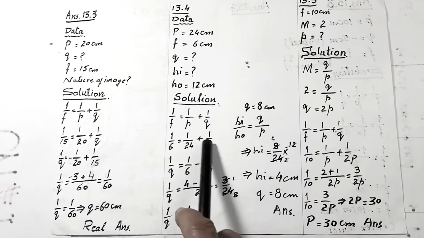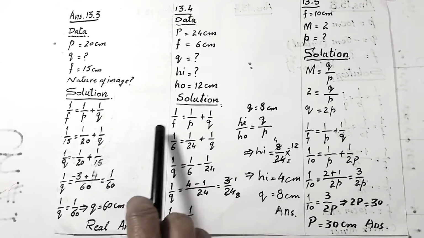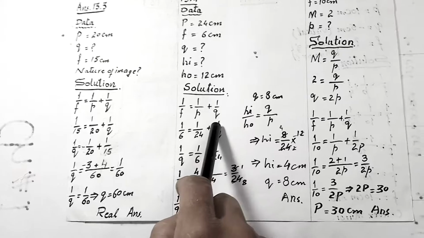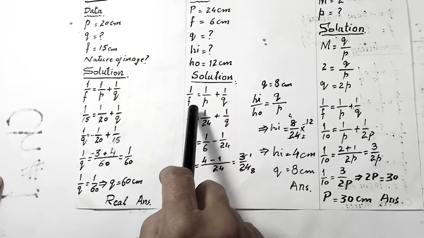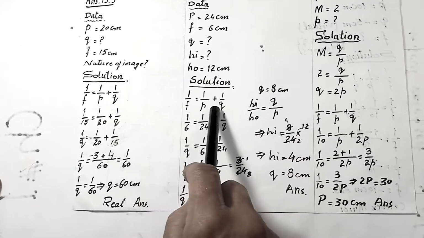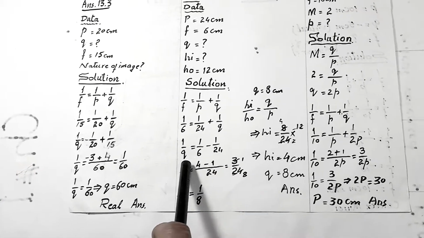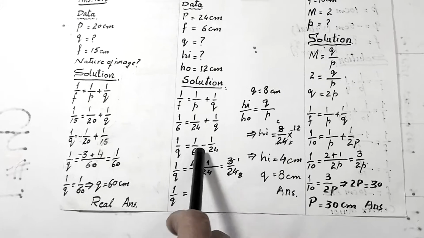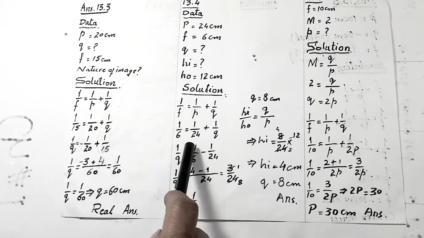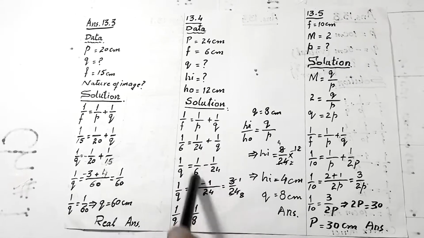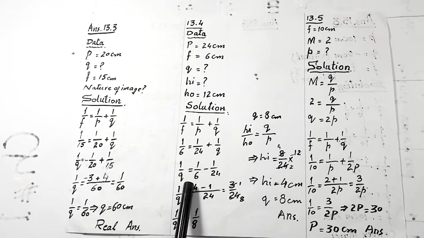First of all, we will find the image distance: 1 upon F is equal to 1 upon P plus 1 upon Q. Here 1 upon 6 and P 1 upon 24. 1 upon Q is equal to 1 upon 6 minus 1 upon 24, because we have to change the position of 1 upon 24, so its sign is changed.